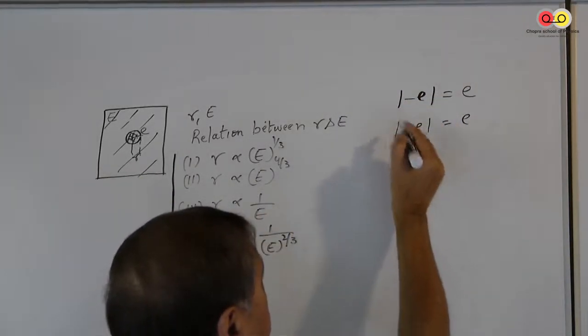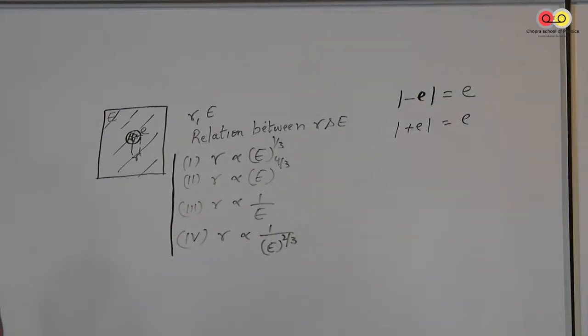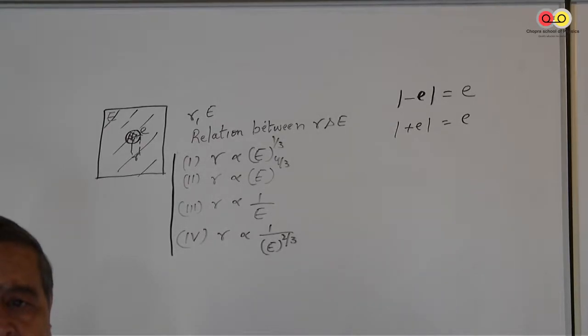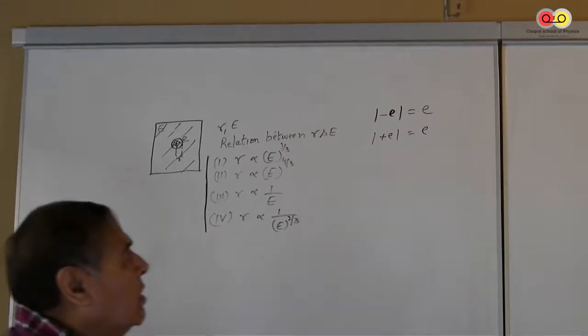So the most elementary charge is either electron or proton charge, and we have written it like this. This is called modulus. Modulus means magnitude. So the magnitude of electron charge is e, and the magnitude of proton charge is also e. Whether the number is negative or positive, its modulus is always positive. That is what you have to remember.